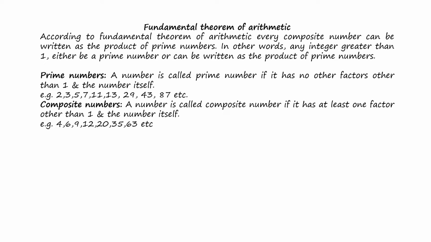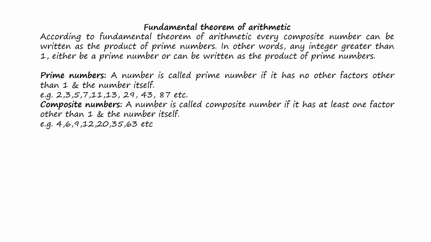Likewise, 9 can be divided by 9, by 1, and also by 3. Likewise, 35 can be divided by 5, by 7, by 35, and also by 1. That means these composite numbers have factors other than 1 and the number itself.